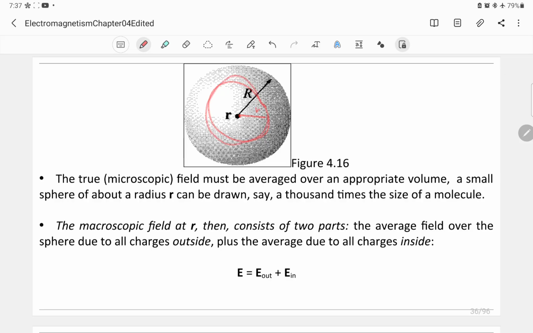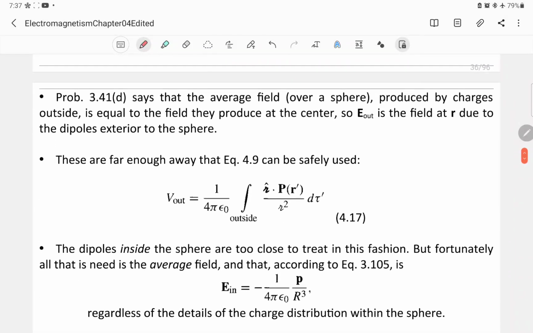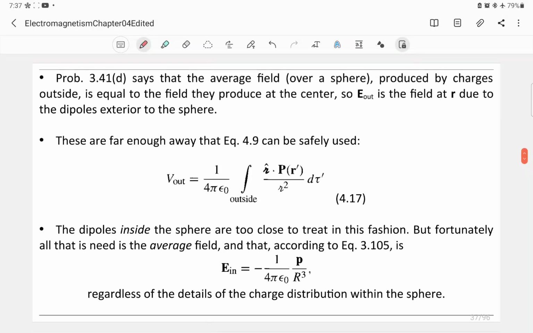So in this boundary, you will have two components of electric field. The one due to the outside charges and the other one due to the inside charges. So if you go back to chapter 3, the average field over a sphere produced by charges outside is just equal to the field they produce at the center.